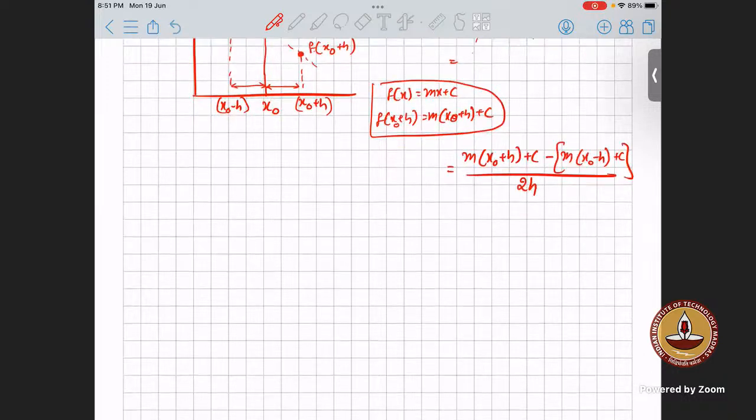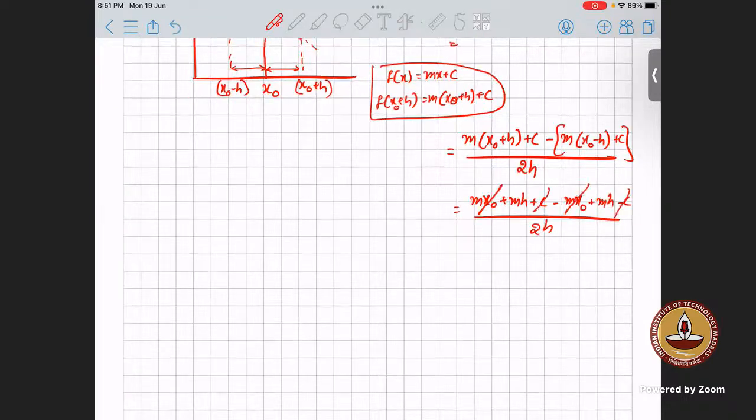So we will simplify this. Mx naught plus mh plus c minus mx naught plus mh minus c, divided by 2h. Mx naught plus c minus c cancel, leaving 2mh divided by 2h. Look, we got del y by del x equal to m.